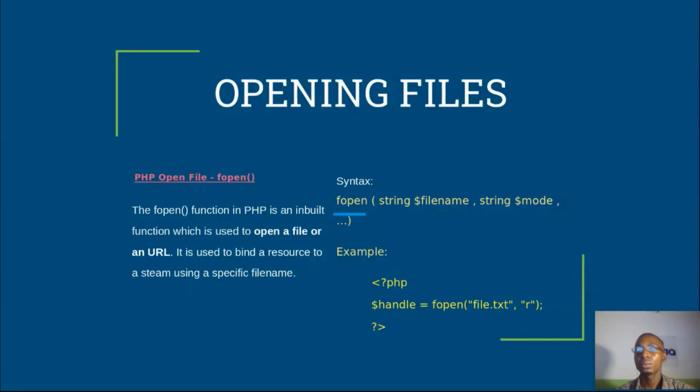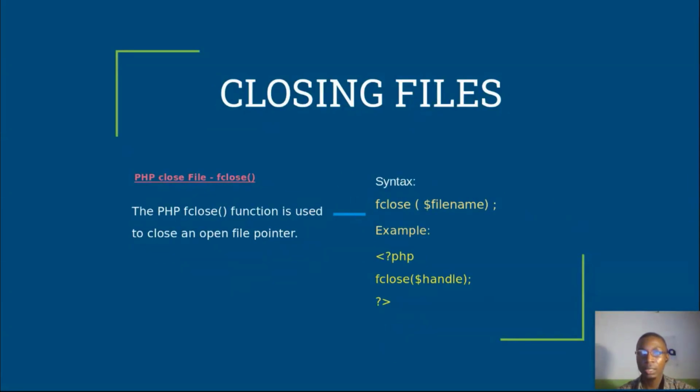The next one will be fclose, right? This function is used to close files once you are done with all the operations you wanted to do on it. This comes at the end of the operation you are performing on the file. It's always nice to close a file after you've done work on it.